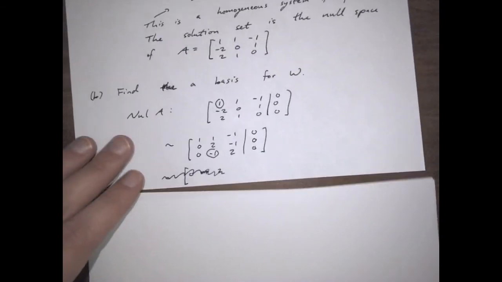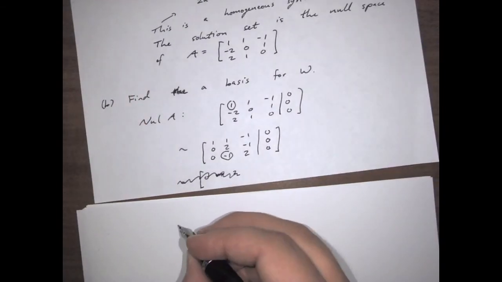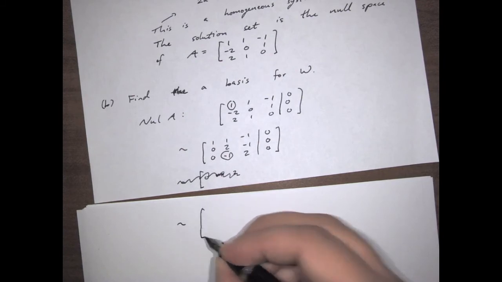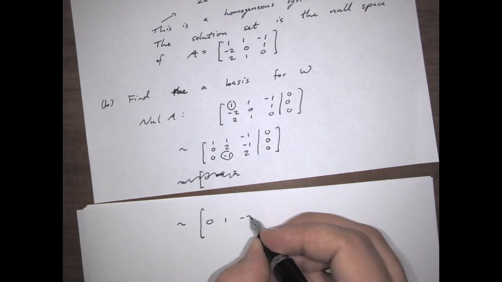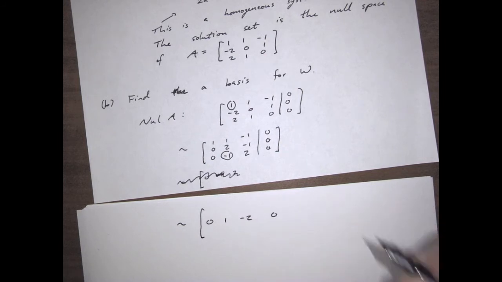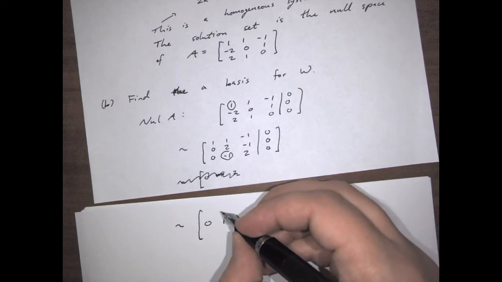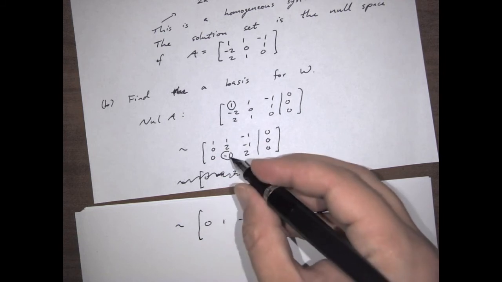I'm going to make it 0, 1, negative 2, scale it, and use it to clear away everything.